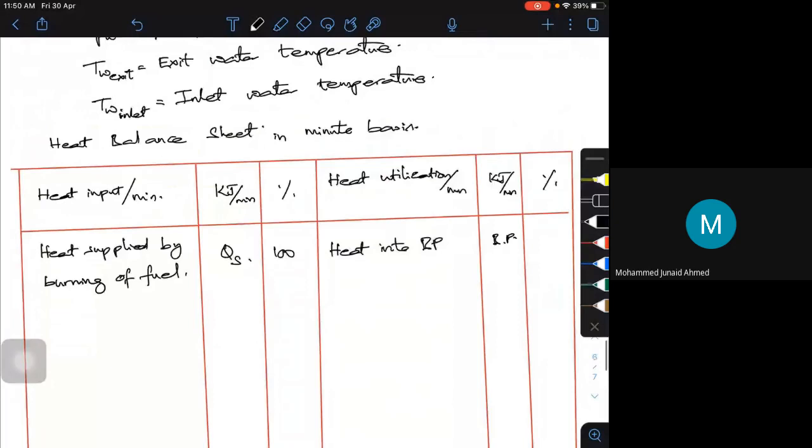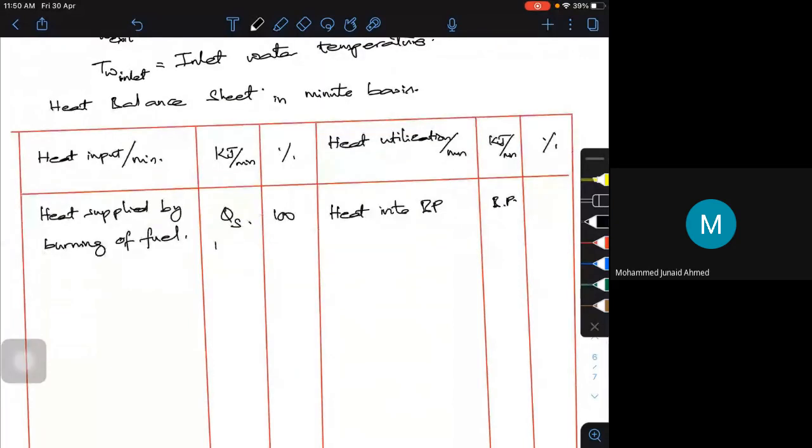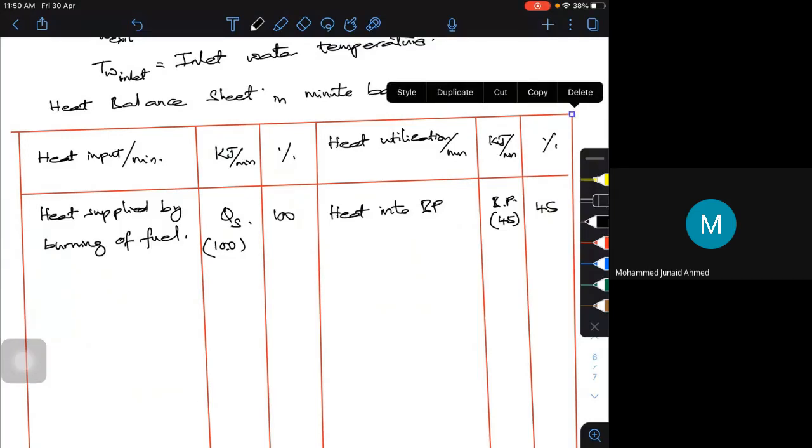I'll put a value over here. QS may be some 100 kilojoules per minute, and this may be some 45 kilojoules per minute. What will be the percentage? It will be 45 divided by 100. It's 45% of heat supplied.